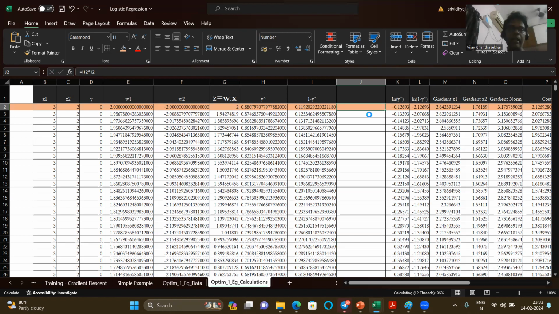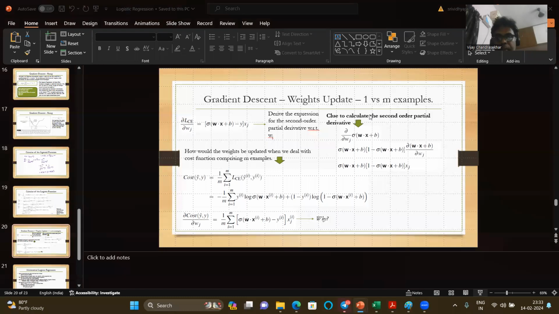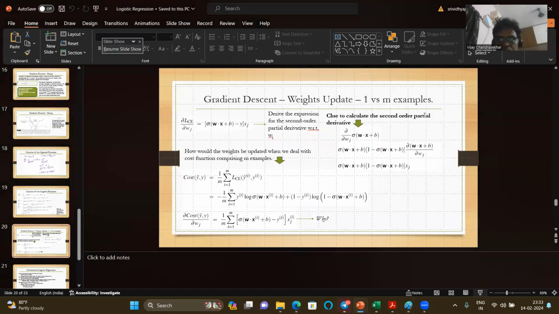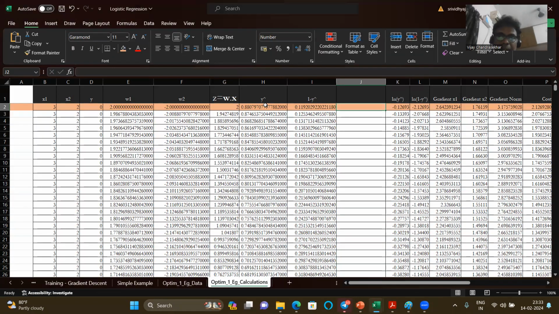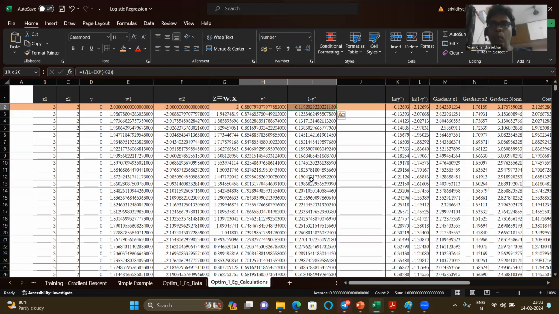Okay. Now, the reason why I brought this up is I'll give an example here. Can you tell me one thing? Y hat and 1 minus y hat. When y hat is close to 1, what is y hat into 1 minus y hat?